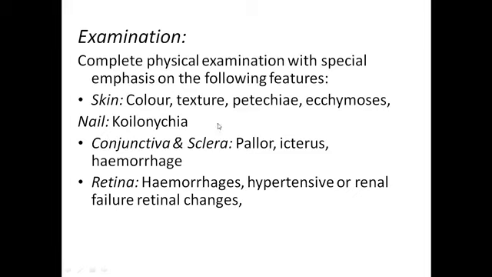In your long case or biopsy, the examiner may ask that if you find a patient with koilonychia, what are the differential diagnoses? So keeping anemia in your mind, you may have some other differential diagnosis. On the basis of just koilonychia, we can go through evaluating a patient of anemia. So koilonychia is very important.